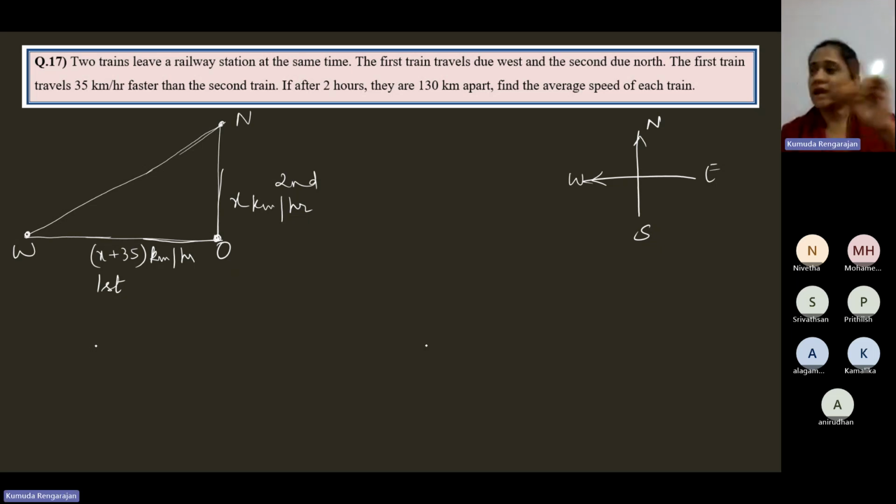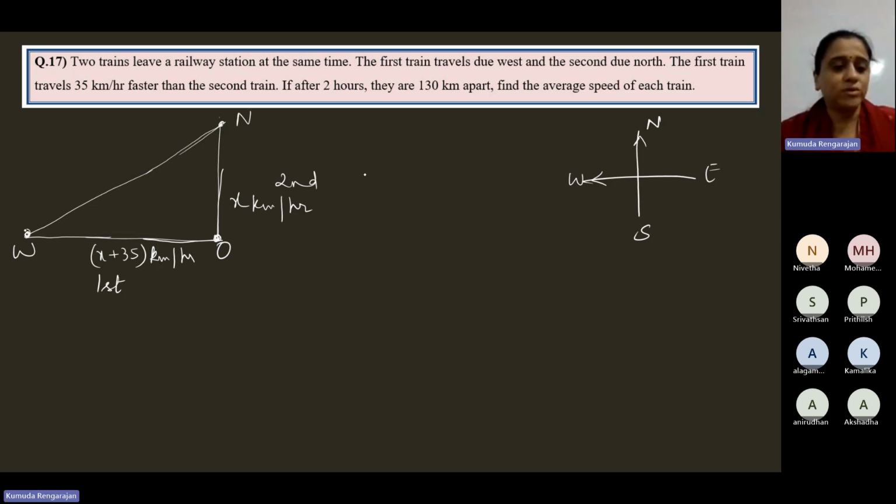See, a line segment can represent only distance, not speed or time. You cannot say let ON be x. OW is the distance covered by the first train in 2 hours. ON is the distance covered by the second train in 2 hours.